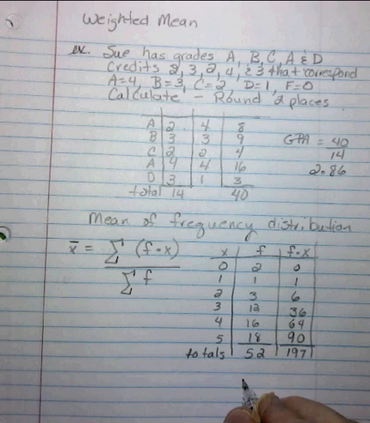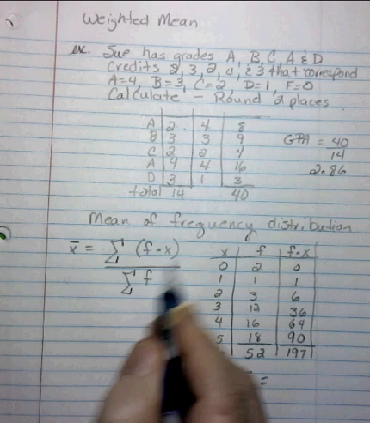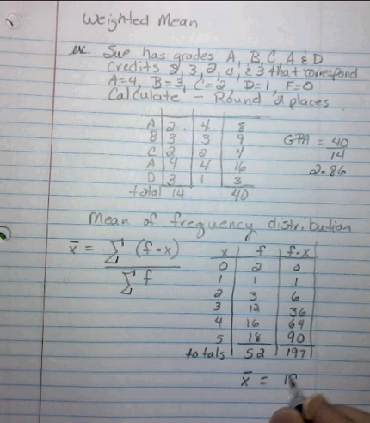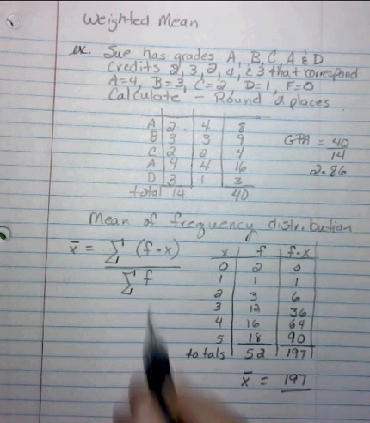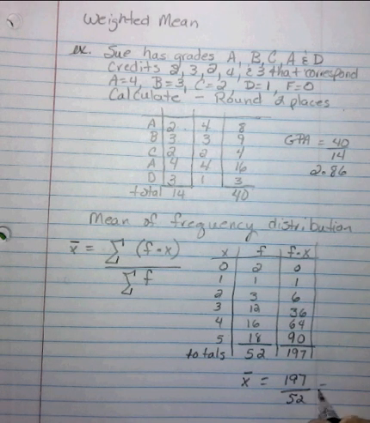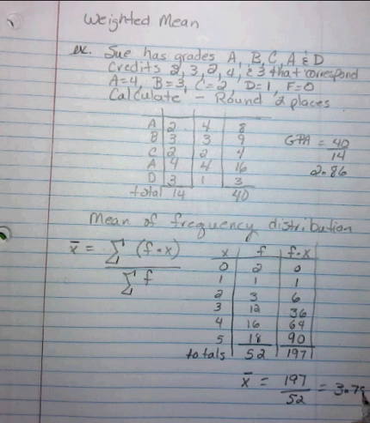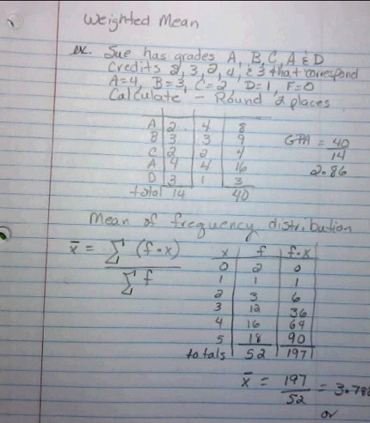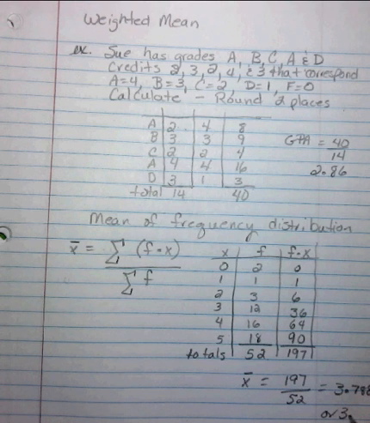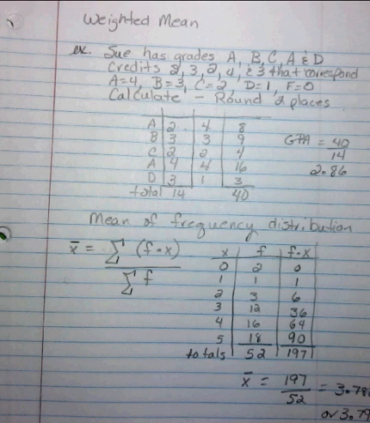And so then to find that mean, we take that value, 197, and divide by this total, 52, which gives us 3.788, which we will round to 2 decimal places, 3.79, to give us the mean for that frequency distribution.